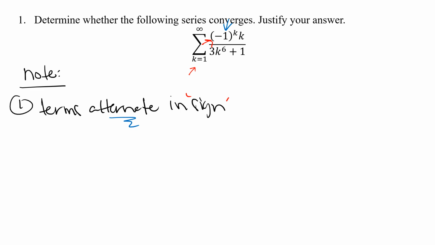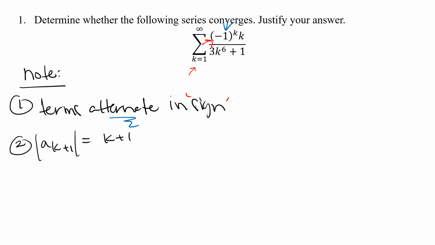Now, another thing is we can see that our sequence, or series rather, is going to be non-increasing. So if we think about what our a sub k plus 1 is, replacing every k that we see here with a k plus 1, and of course we're going to look at the absolute value here.